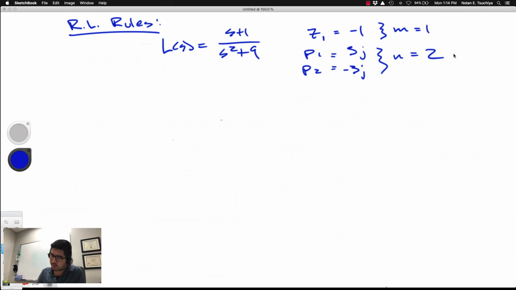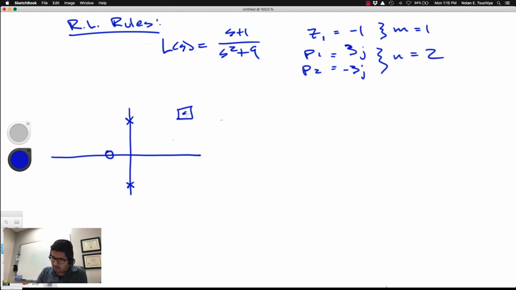Now let's try and see what the root locus for this particular L of s might look like. The first thing you always want to do when sketching your root locus, by the way, is to plot all of the poles and zeros of L of s. It'll help visualize the branches, and it'll give you a starting point. So I've got a pole here and here on the imaginary axis, and then there's a zero at -1.